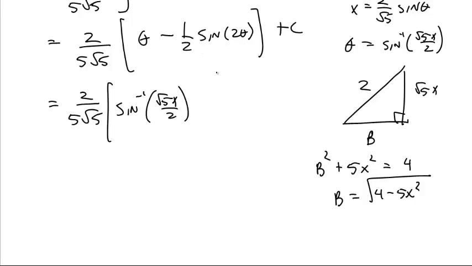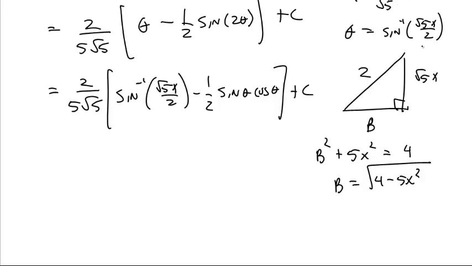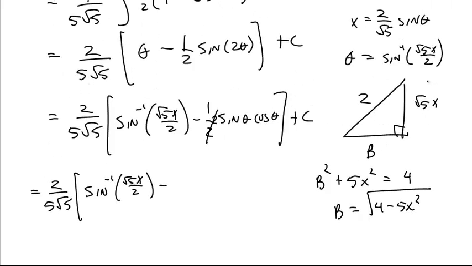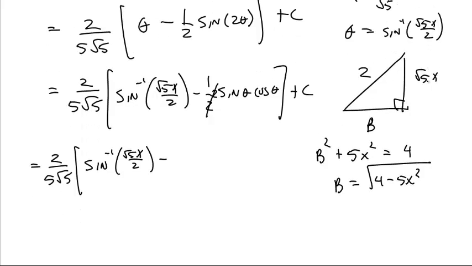We use the identity that sine of 2 theta is 2 sine theta cosine theta, so that this half and 2 cancel out, and so we are left with 2 over 5 root 5 times the arc sine of root 5x over 2 minus sine of theta, which is root 5x over 2, times the cosine of theta, which is adjacent over hypotenuse, the square root of 4 minus 5x squared over 2, plus c.